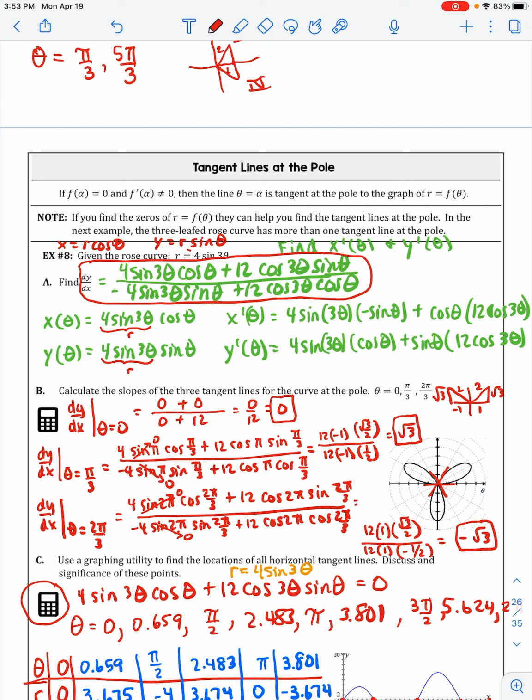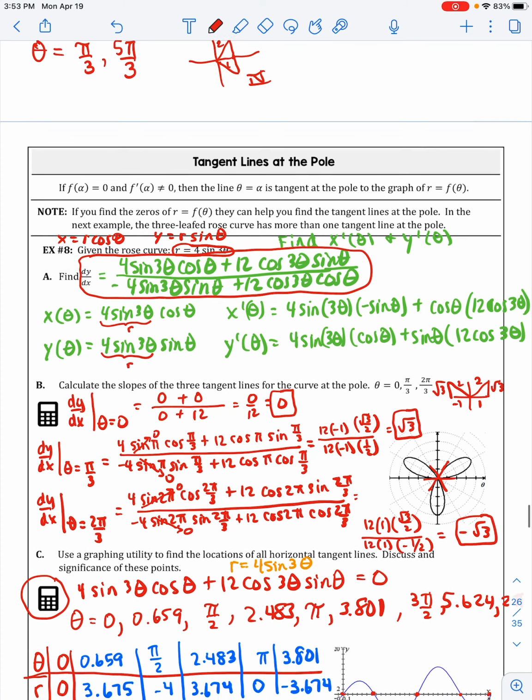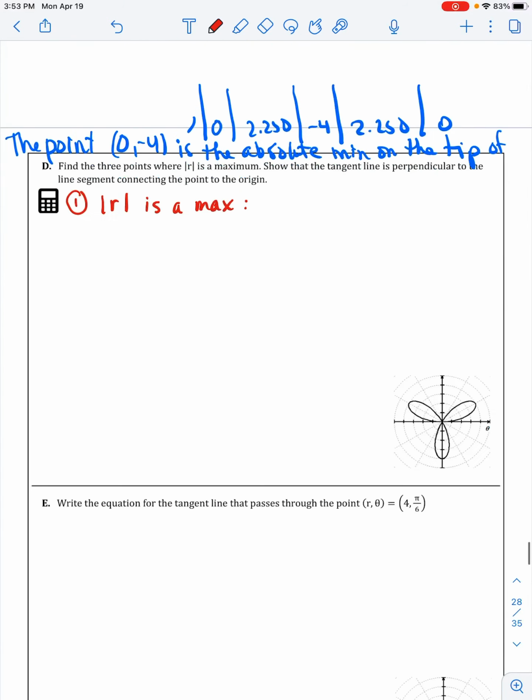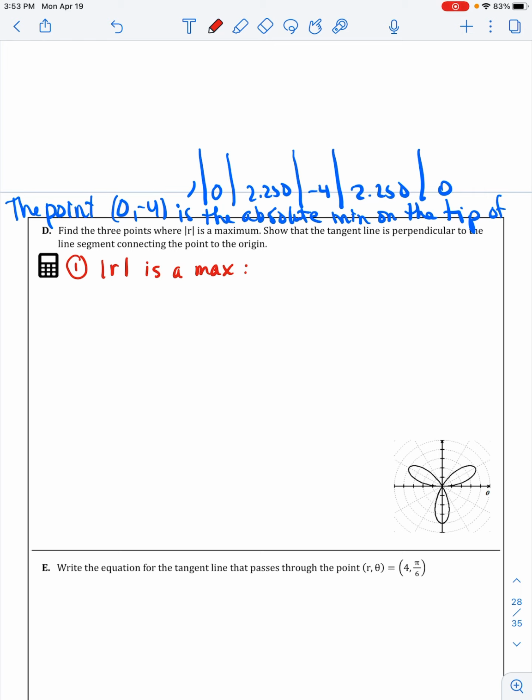Sorry, I'm going to pull this up here so we can see our original problem. It was r equals 4 times the sine of 3 theta.